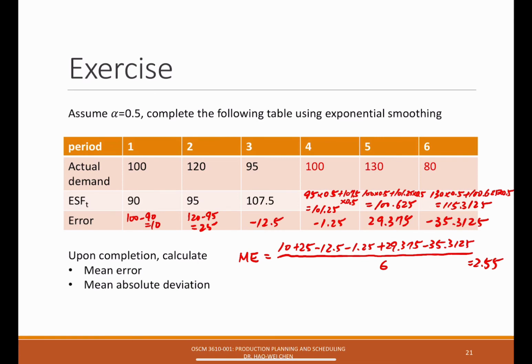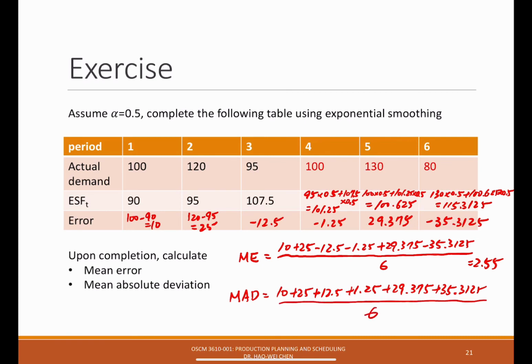For the mean absolute deviations, it will be 10 plus 25 plus 12.5 plus 1.25 plus 29.375 plus 35.3125 divided by 6. Again, the answer will be equal to 18.906.